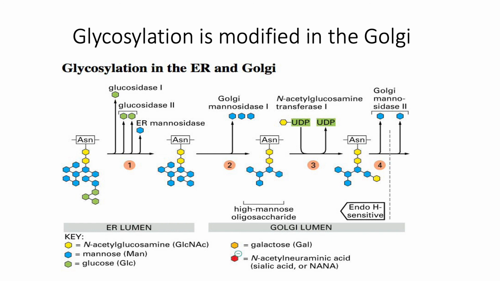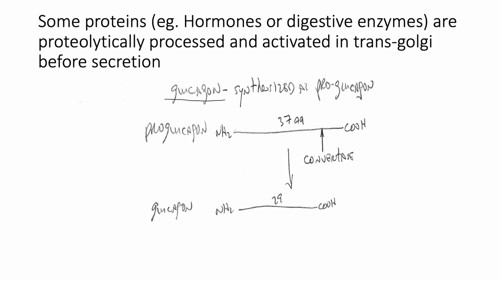So let's give you one example. The example here is the proteolytic processing to generate glucagon. Glucagon is a hormone that is involved in controlling blood sugar levels.